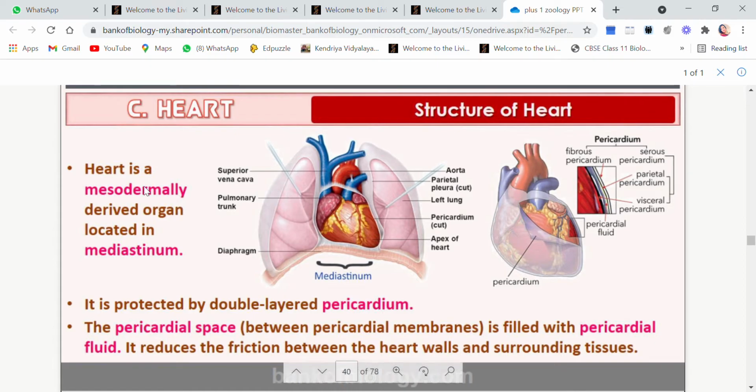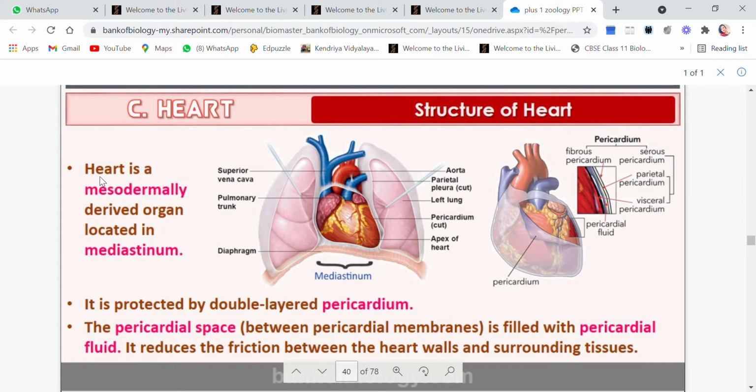So, heart is mesodermally derived organ. That means heart is formed from the cells which are present in the mesoderm, right? And what do you mean by mediastinum? So, the space between the two lungs is called mediastinum.